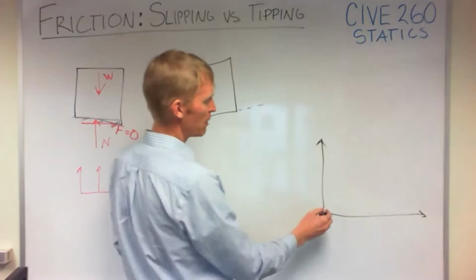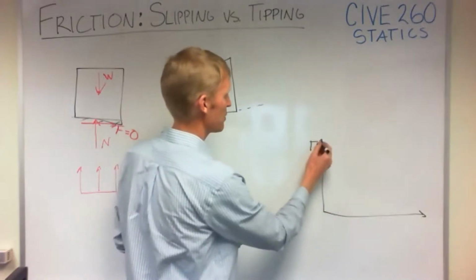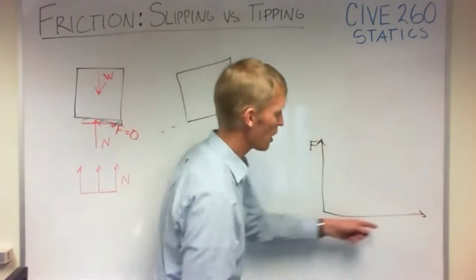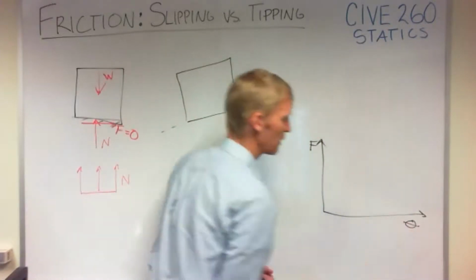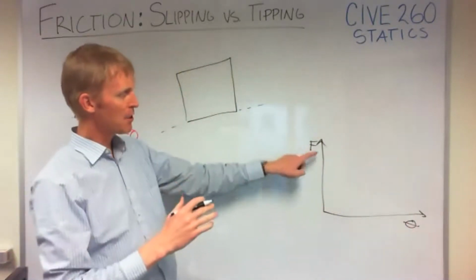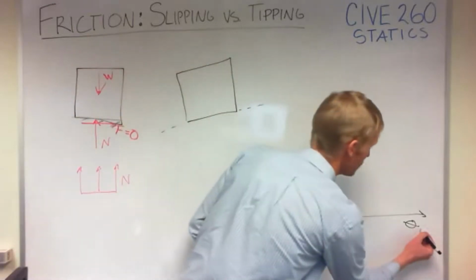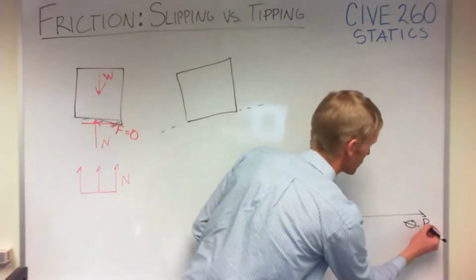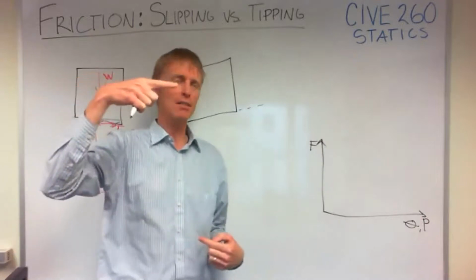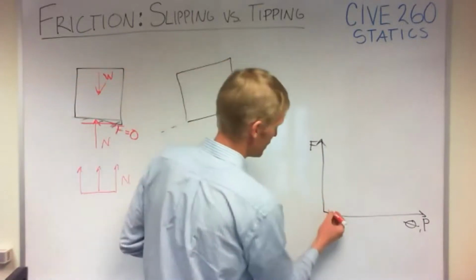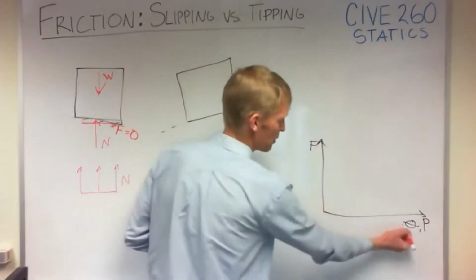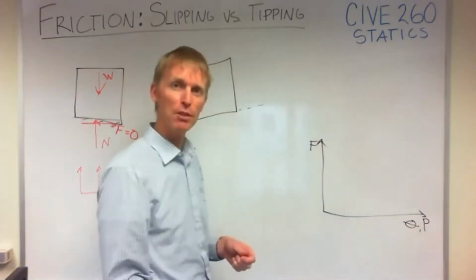So I'm going to put here on the vertical axis our friction, and here on the horizontal axis, you can think of it either as an angle, which we're looking at fundamentally, friction as a function of angle. It can also be a function of a pushing force, if I was pushing sideways on that block. And so what this friction curve looks like is we start here at 0 friction with either 0 angle or 0 pushing force.